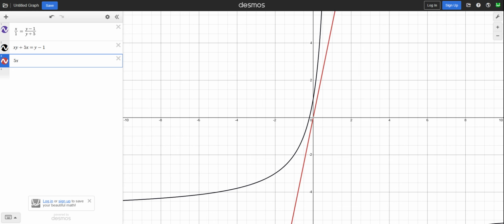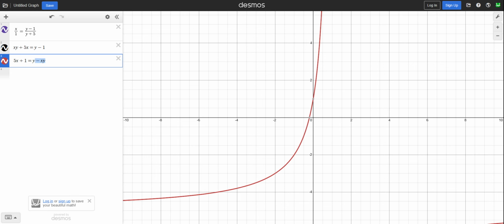So 5x plus 1 equals y minus xy. 1 was negative here, so it's positive here. xy is positive here, so it's minus here.